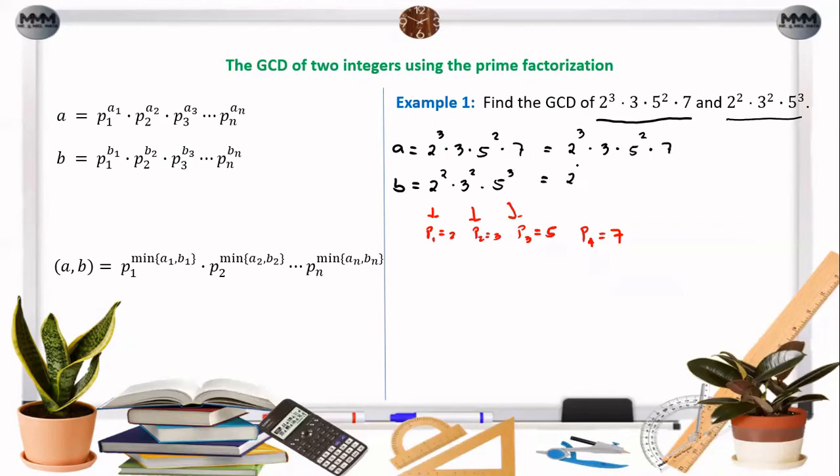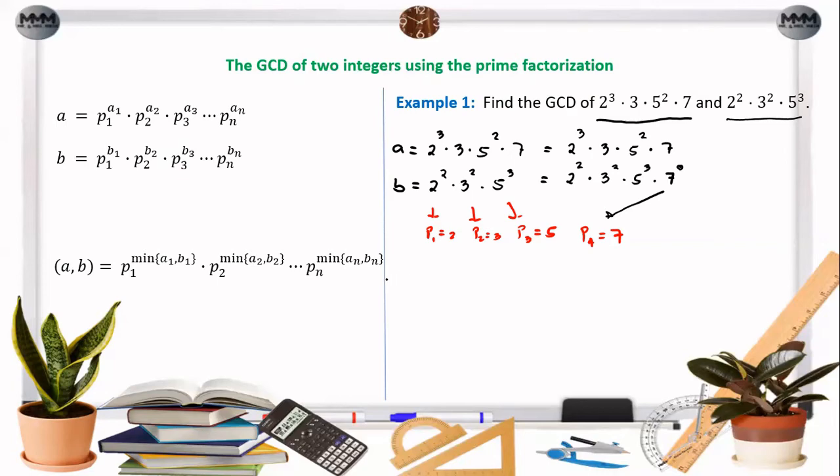And this is 2 squared times 3 squared times 5 cubed. And then we can include 7 in B, but the exponent is 0. Follow? So we have now 7 as our P4. So we have P1, P2, P3, up to P4.